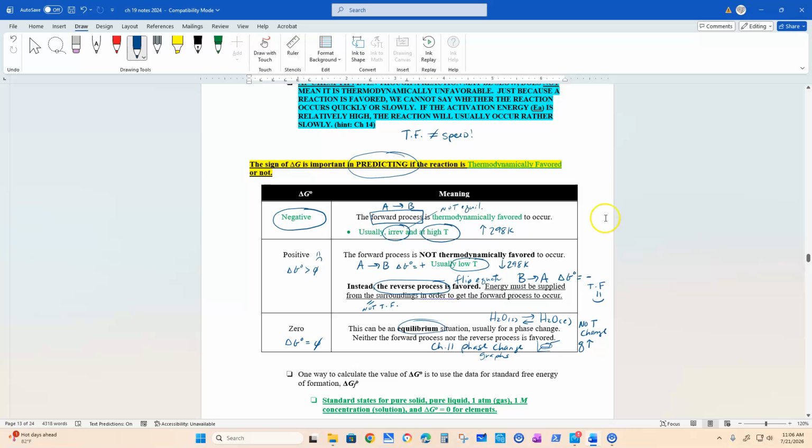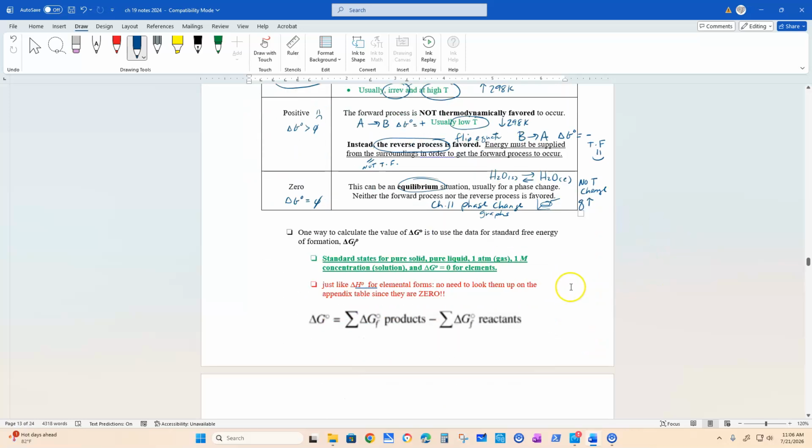One way to calculate delta G, as we already know, is products minus reactants, okay? But there's something very similar when it comes to delta G formation. It's just like delta H when it comes to standard state, elemental form. What do we remember about elemental form when it's delta H? All the values are 0.